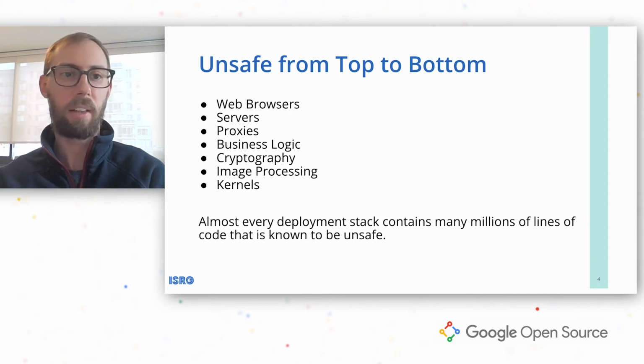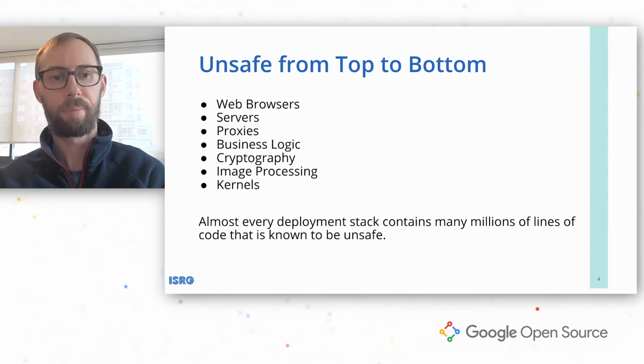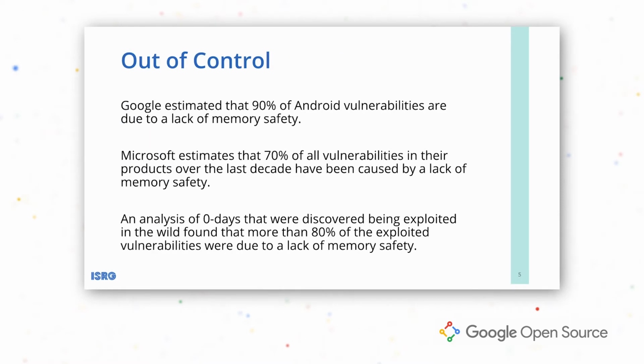Pretty much everybody's running out of the Linux kernel or the Windows kernel. Again, millions of lines of C. So almost every deployment stack at every company and organization contains a ton of C and C++ code all throughout the stack.